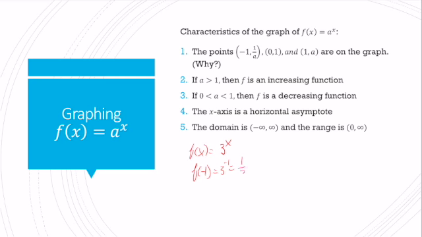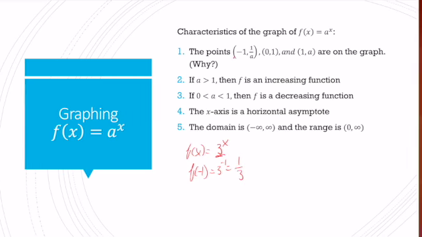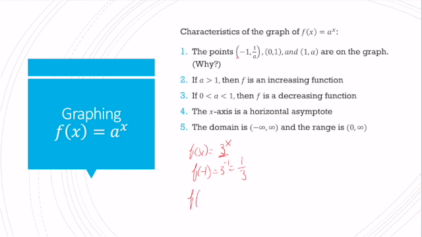So I'd always have negative 1, 1 over 3 in this case. For the same function, f of 0, any number to the 0 is always 1. So I'm always going to have the point x is 0, y is 1. And any number raised to the first power is just itself. So 1, a is always on the graph.